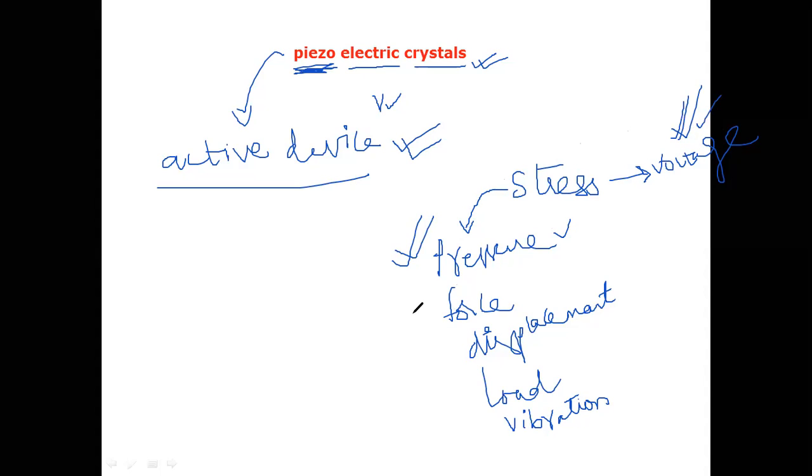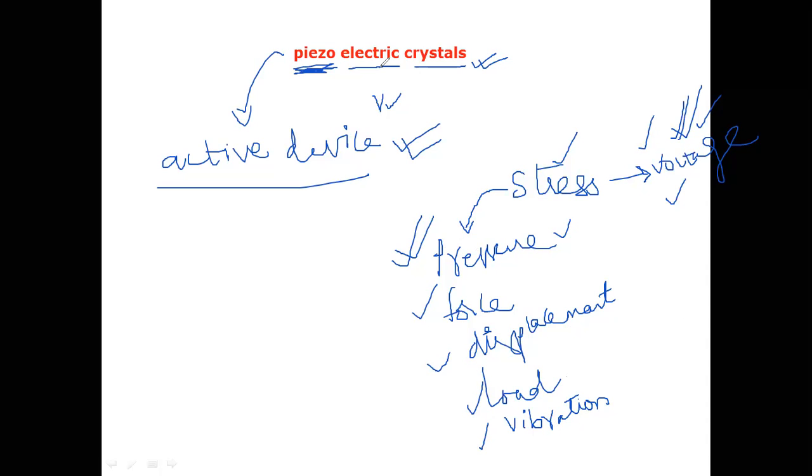If the stress is due to force, then I can measure force here. If the stress is due to displacement, then I will get output voltage proportional to displacement. If the stress is due to load, I will get output voltage proportional to load. If the stress is due to vibration, then I'll get output voltage proportional to vibration.